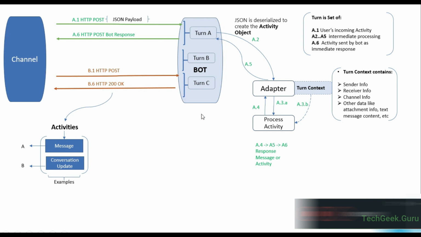Coming back to our workflow diagram, let's take an example of activity A. I've shown this activity end to end by depicting all the steps as A1, A2, A3 and so on till A6.